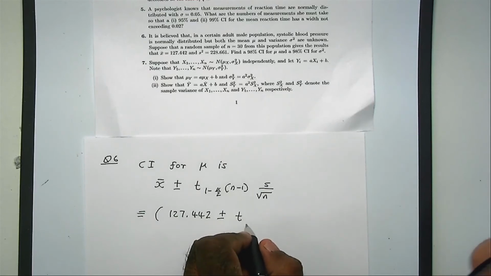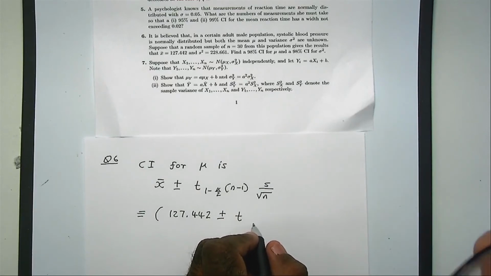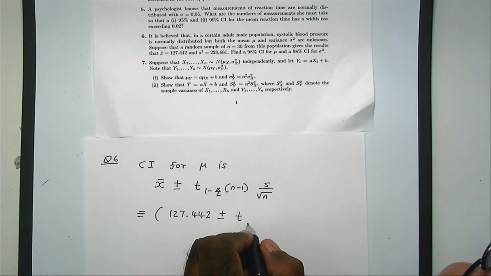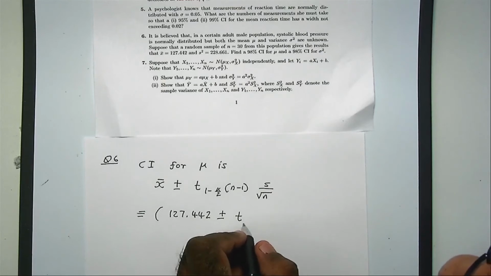100 times 1 minus alpha is 98, right? So your alpha will be 0.02. Okay, so your alpha by 2 will be 0.01.